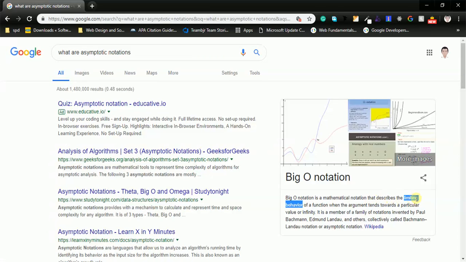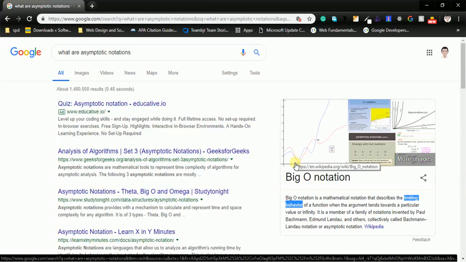So it's a mathematical unit that describes the limiting behavior of a function when the argument tends towards a particular value or infinity, as this polynomial tends to grow towards infinity. There is a limit in the x value; there are ranges it can get to, stay beneath, or exceed.